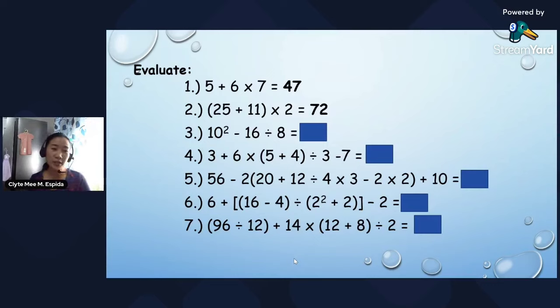Let's have number 3. You have 10 squared minus 16 divided by 8 is equal to blank. I'll be waiting for your answers for number 3.